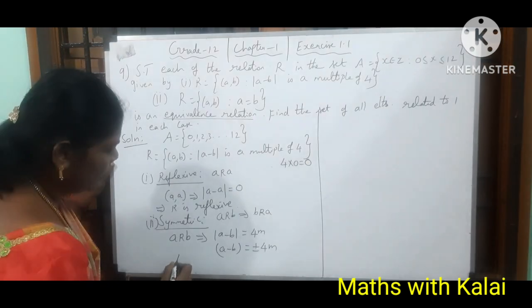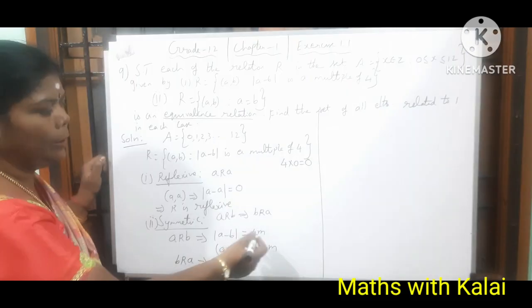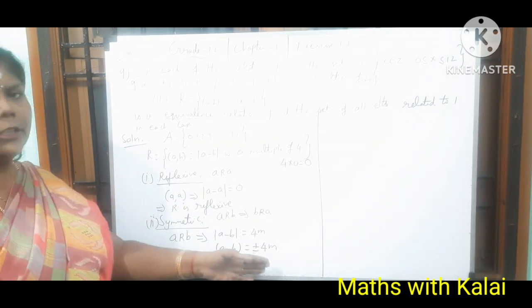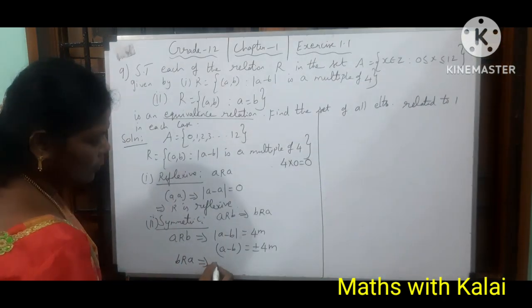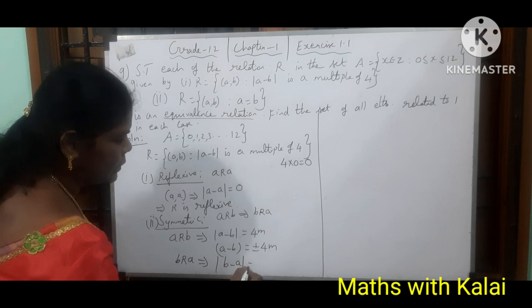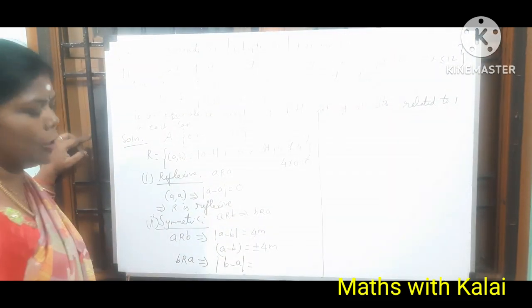Okay, now I am checking the value for b related to a. Its answer should also come as plus or minus 4m; the modulus value should be 4m. If it is a minus b, it will be plus or minus 4m. Modulus of b minus a should also come as a multiple of 4, so we need to check whether it comes as 4m, as I said.